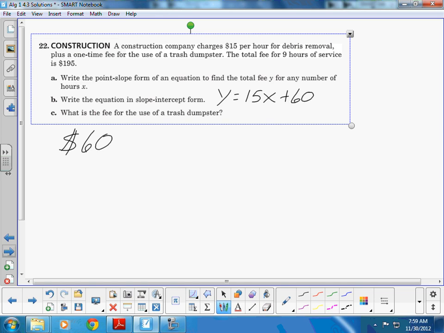All right, back to work here. Now on problems like 22, A, B, and C, I'm not so worried about whether you get the A and the B part. What I'm most curious about is whether or not you can get C, which is $60. All right, 23.